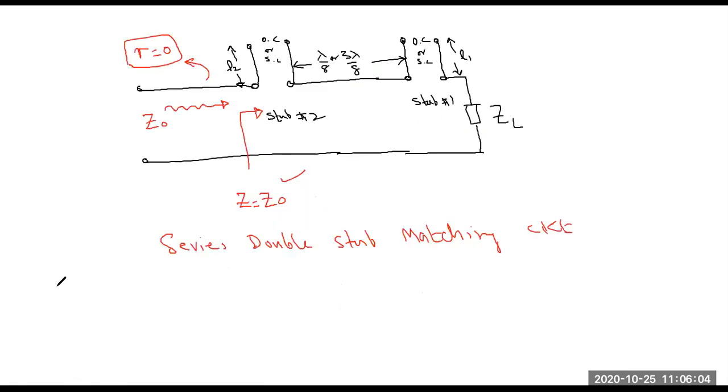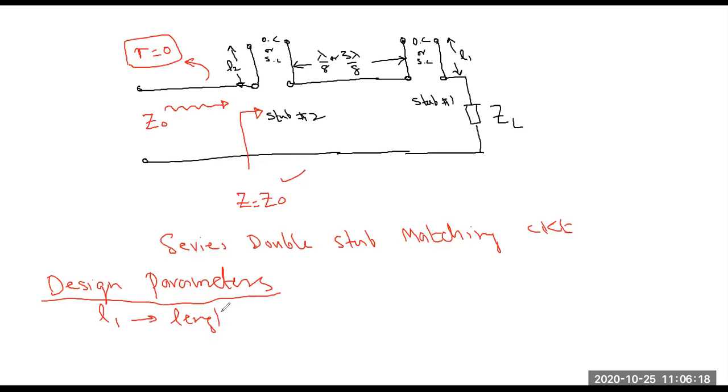So for the double stub, the design parameters are L1, the length of stub number 1, and L2, the length of stub number 2.